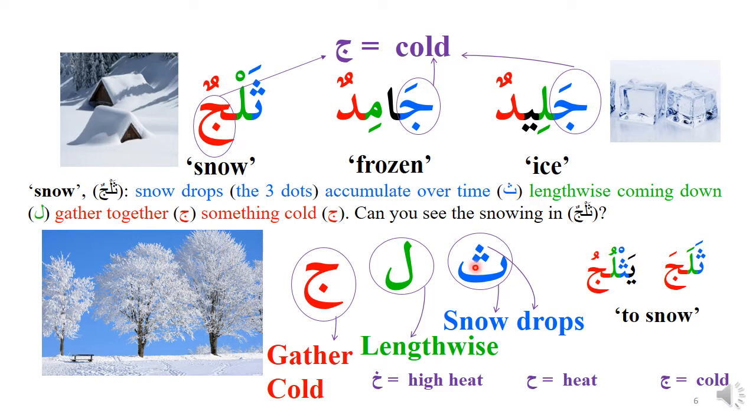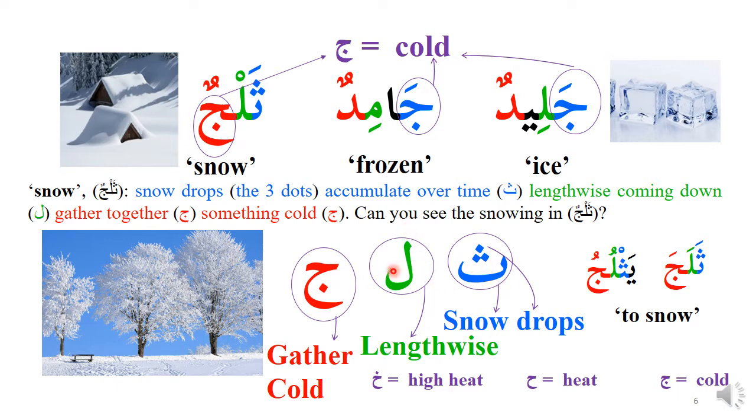And interestingly, Saljun means snow, as compared to Jalid, which means ice. So Salaja means to snow, and you should be able to see the snowing in here. How? Salaja Yesluju. You can see the Sa, which has this boat shape, which means something fixed, and then these three drops look like the snow drops accumulating on a place.